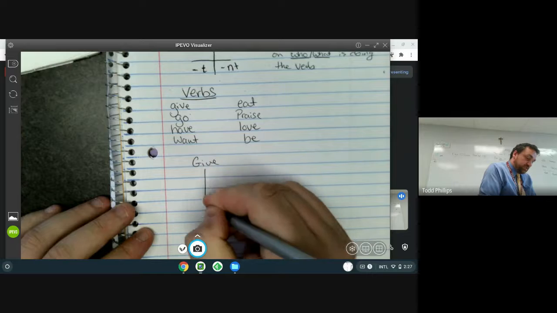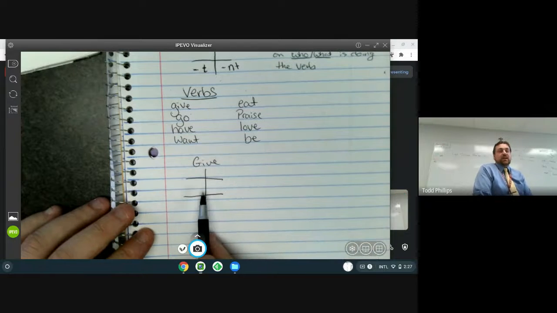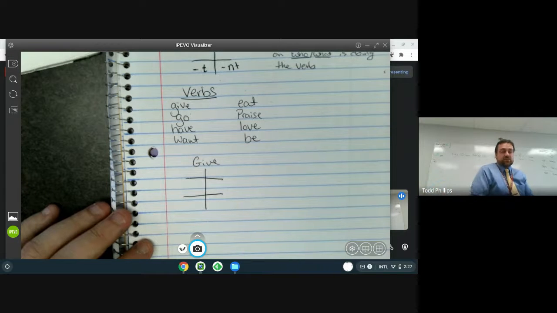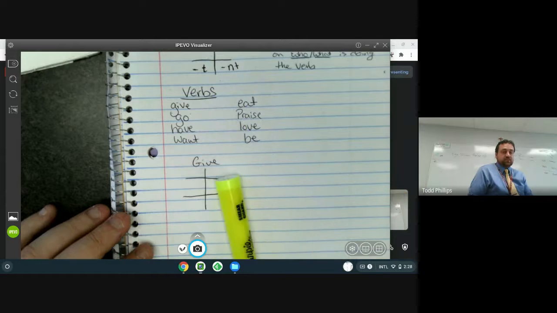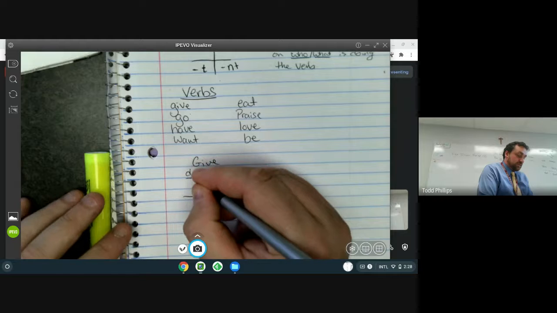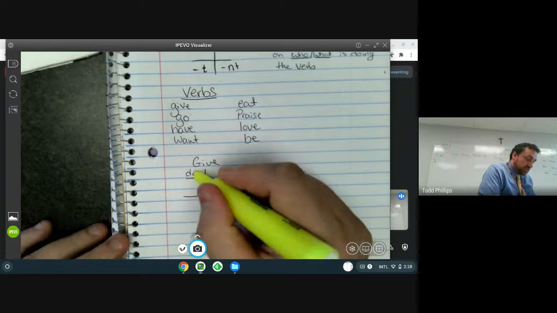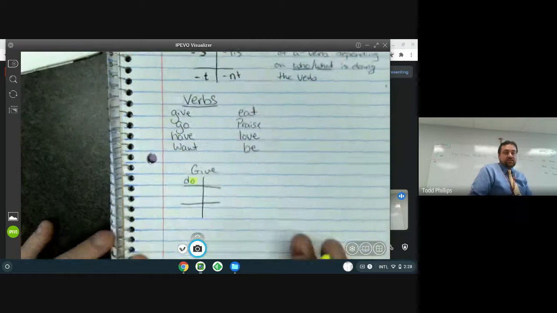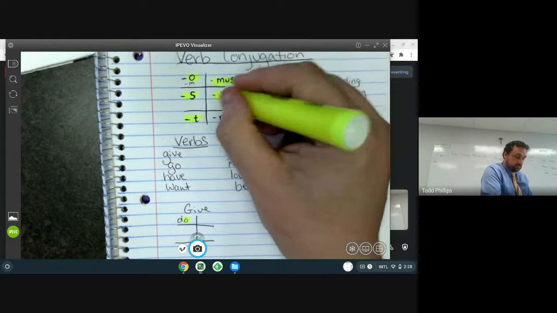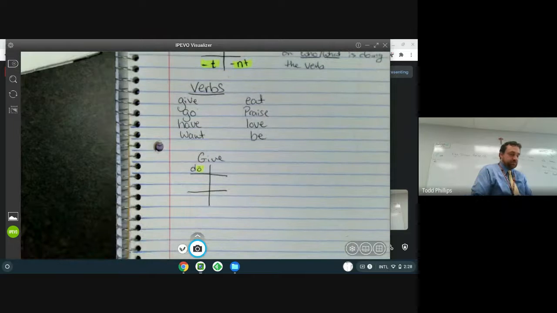So what we're going to do is I'm going to give you the conjugation of the verb. And you're going to need a highlighter of some color. It doesn't matter what color. So I've got a highlighter ready. Okay, give. Do. Do means I give. And I want you to highlight whatever the ending from up here is. Okay. Do.